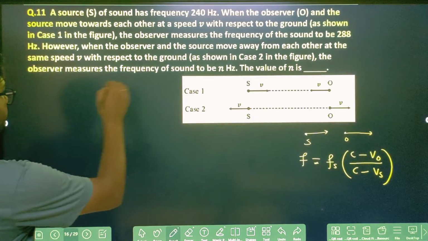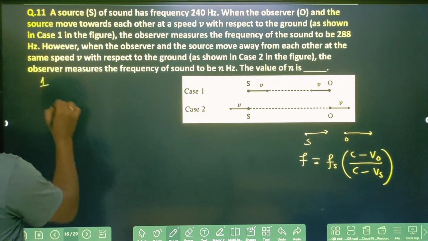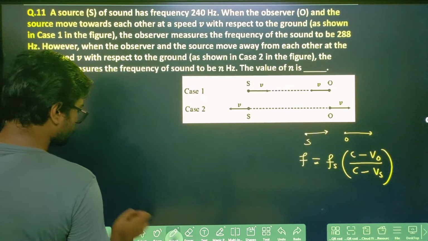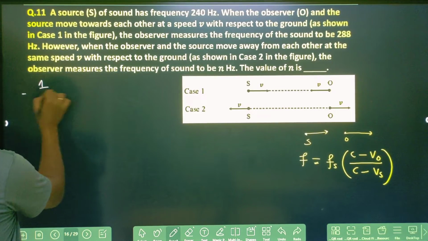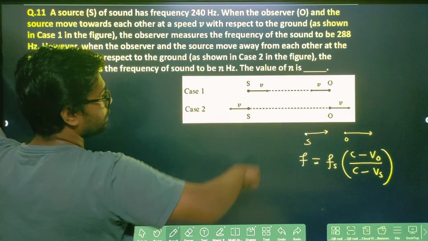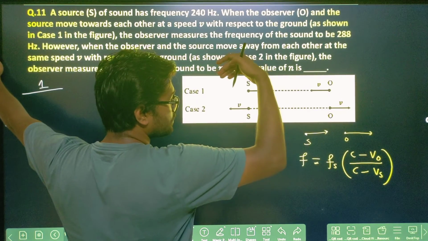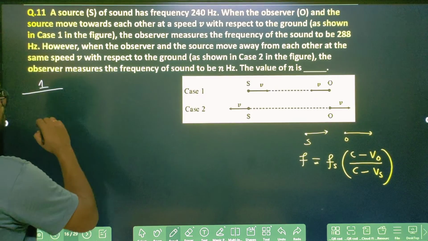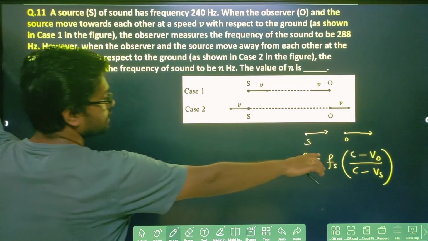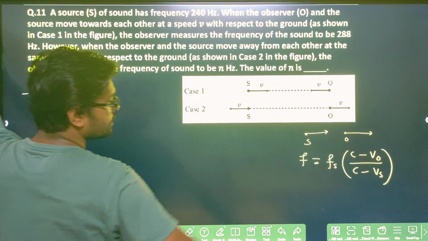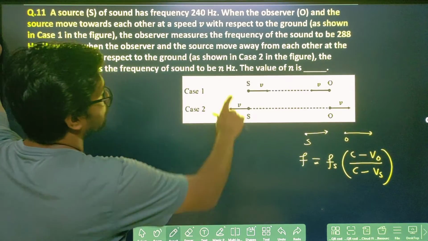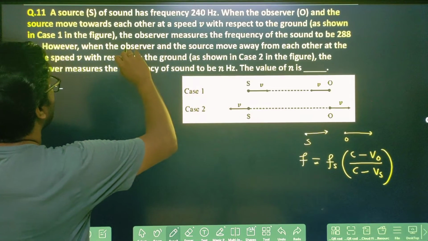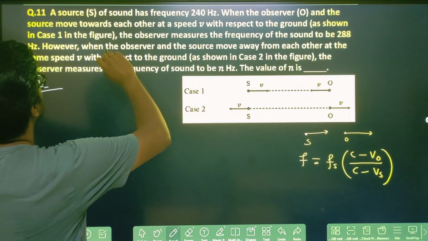So what I am telling, for case 1 if I take, for the first case, the source is moving along this direction, the observer is in the opposite direction, so change the sign of the observer. So f equal to fs into C plus V divided by C minus V. The source is not changing its direction, and for the first case they have given the observed frequency as well as the source frequency.